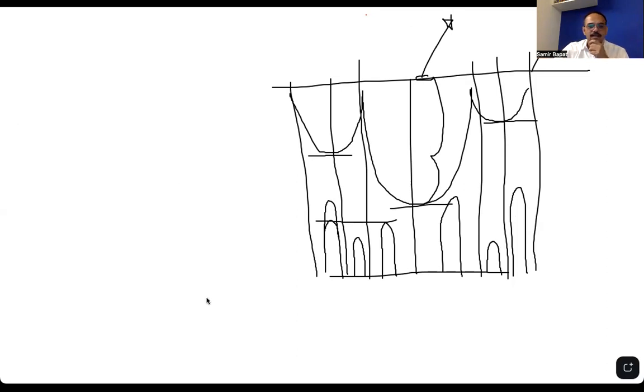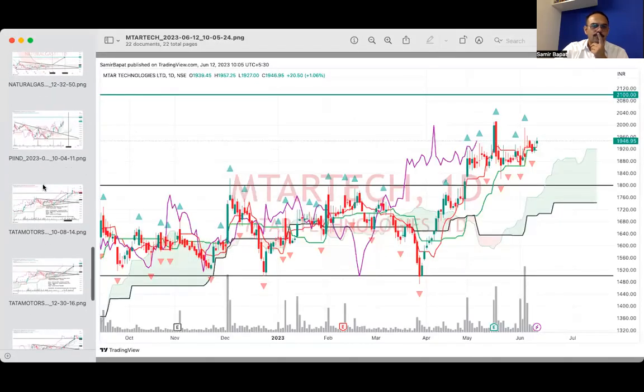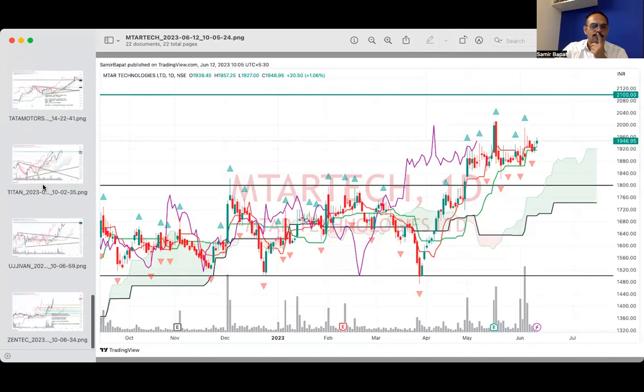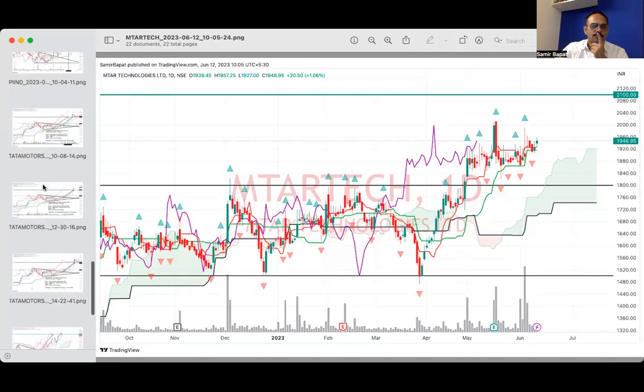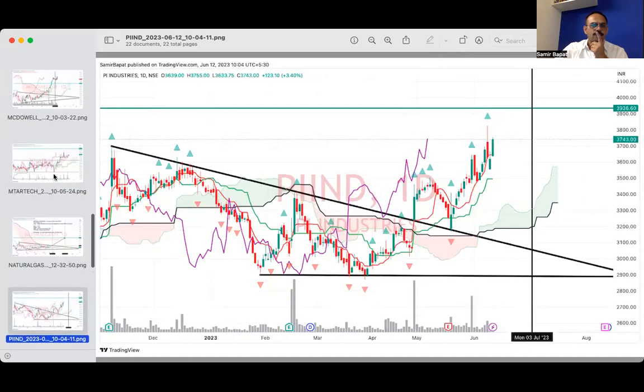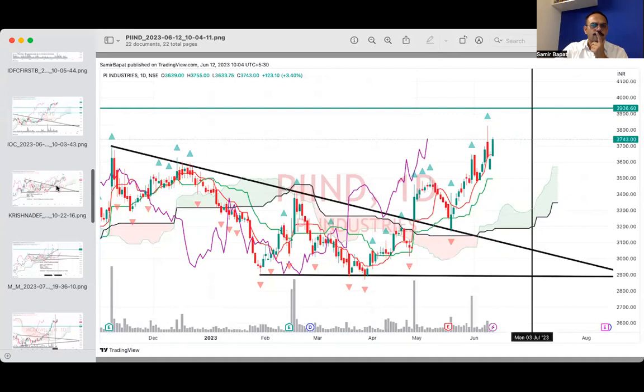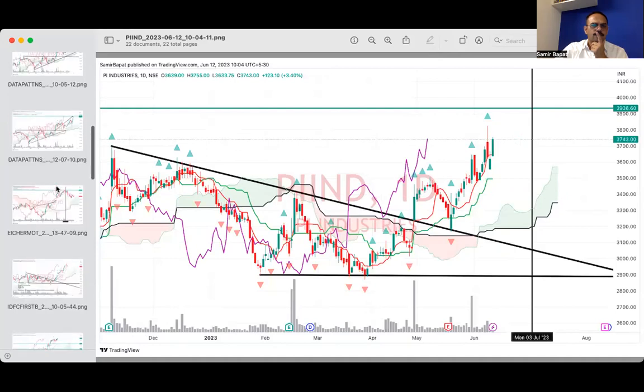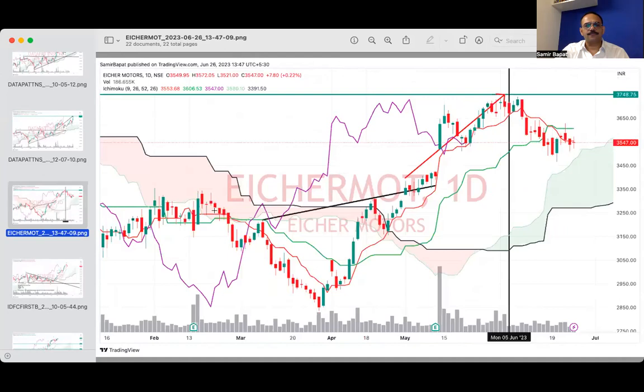Now let's see one head and shoulder as an example.